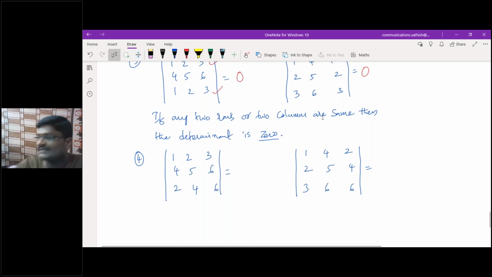What's the determinant for this? 0, sir. Why is it 0?